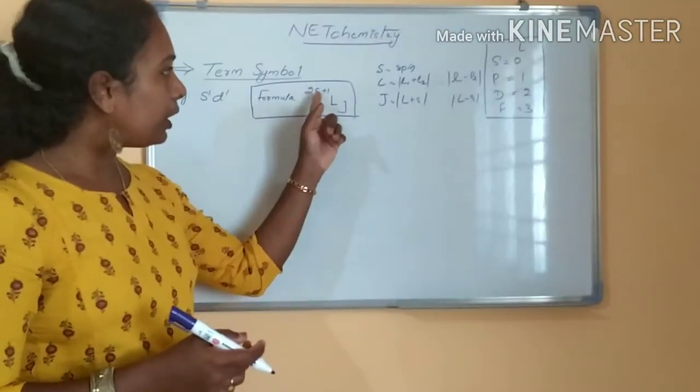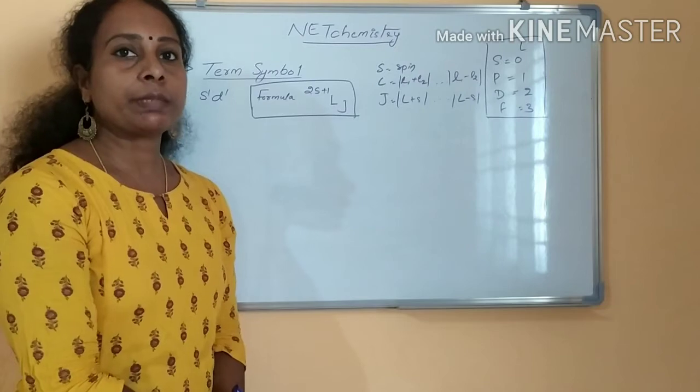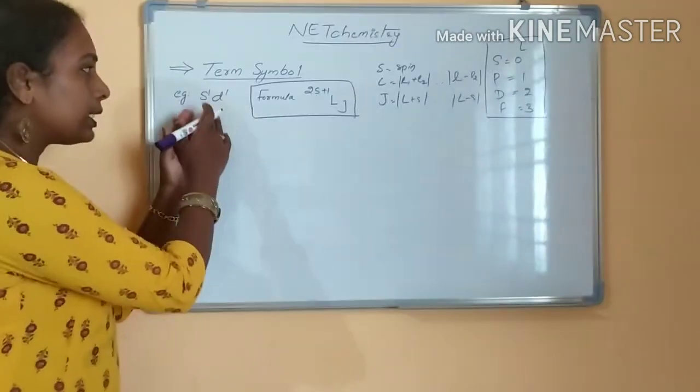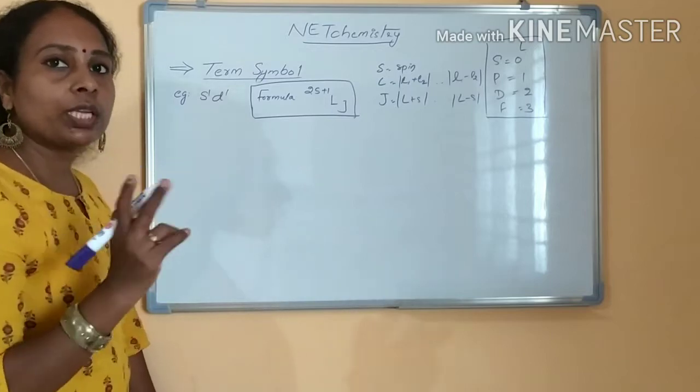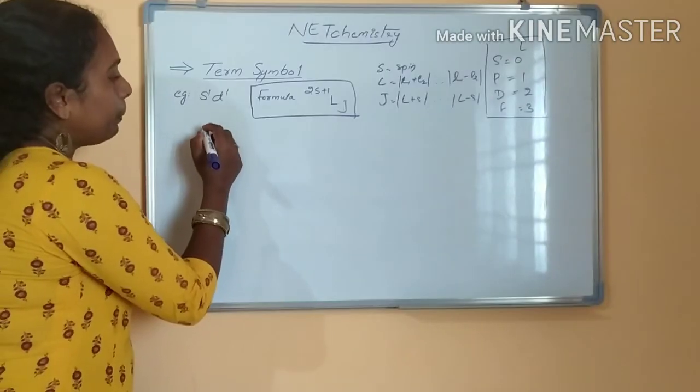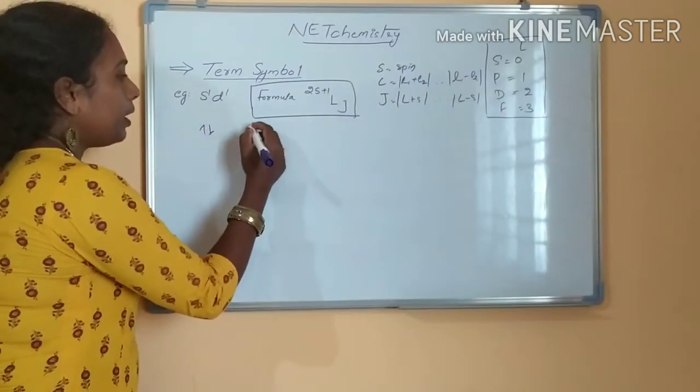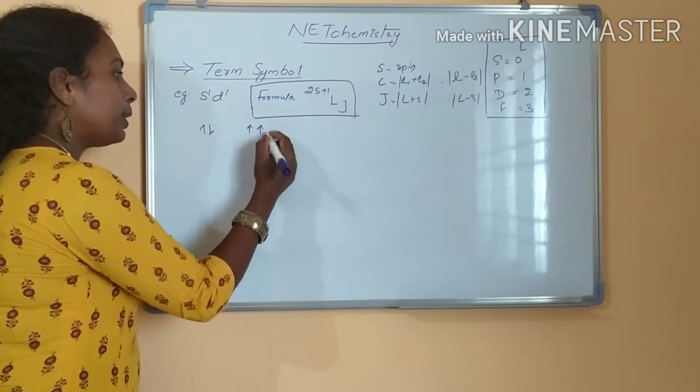First we will calculate the S value, or 2S plus 1, the spin multiplicity. Since there are two electrons, there are two possibilities for the alignment: either a singlet state or a triplet state.